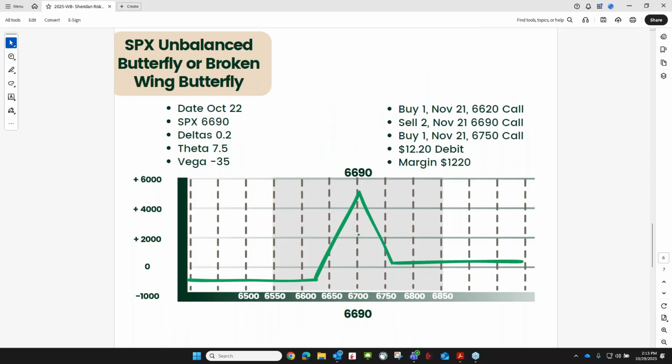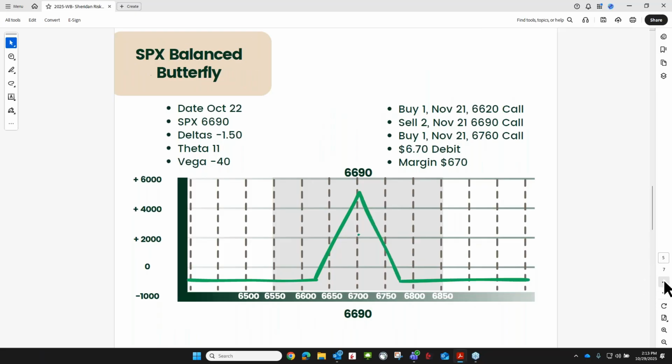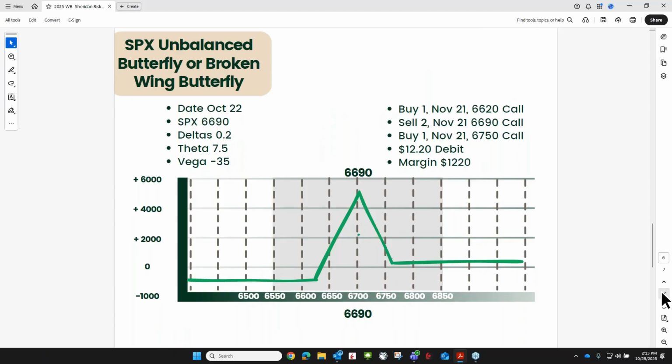Again, the debit spread before, Jeff, if you could just go a second, the slide before, that was $670. The 66.20, 66.90, 67.60. So you can see here, if Jeff goes to the next slide, now I'm paying $12, right? So do you pay more for a broken wing butterfly?